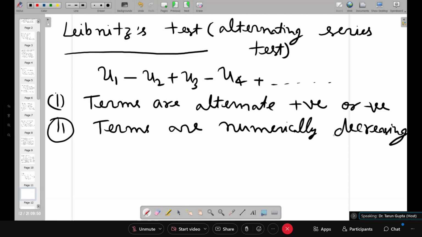So this test you can apply on the alternating series. That's why this test is also called the alternating series test. Terms are numerically decreasing, means u1 is greater than u2, u2 is greater than u3, u3 is greater than u4.